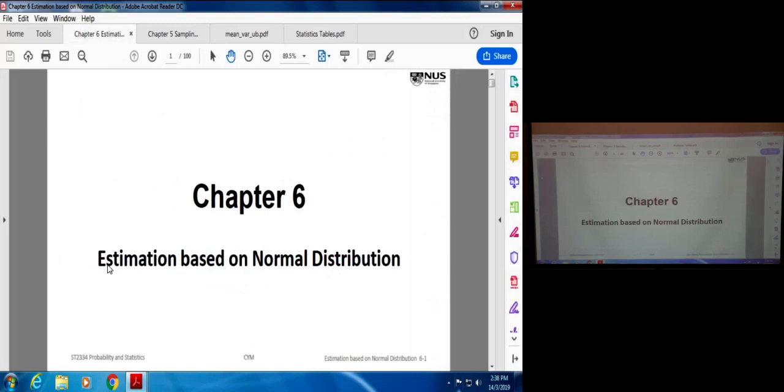So you're moving on to chapter 6, which is based on estimation based on a normal distribution. The nice thing about this chapter is we've already seen something relatively advanced. If you looked at some of the exposition of last week's lecture, we looked at maximum likelihood estimation, where, if you recall, you have a sequence of random variables which are IID, i.e. a random sample, associated to a probabilistic model, and that probabilistic model has unknown parameters.